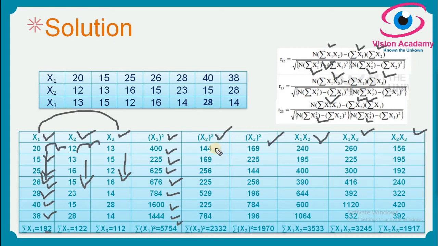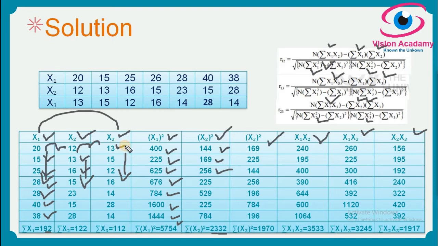In the same way, I have squared the x2 values, that is 12 into 12 is 144, 13 into 13 is 169, 16 into 16 is 256, and so on. The summation of x2 square is 2332. In the same way, I have done x3 also.